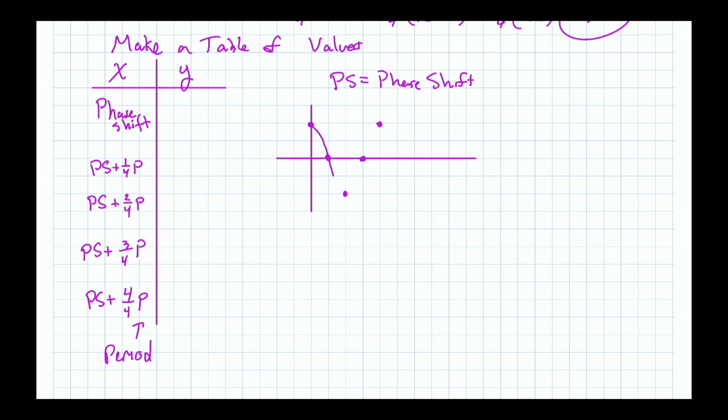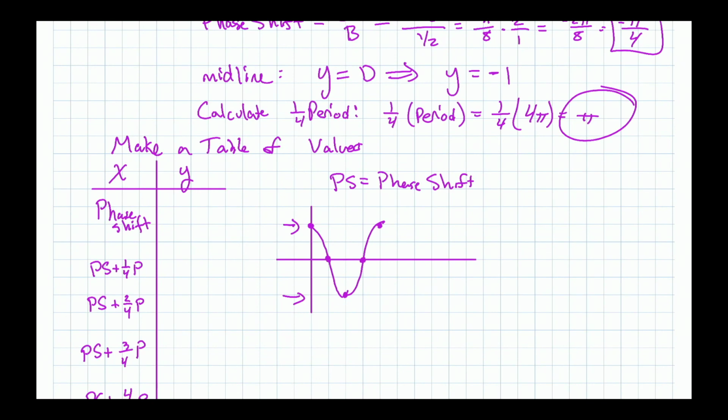That's what one period of the cosine looks like, okay? But what you're going to get, though, is like, what is this value and what is this value? And so the first y value is actually going to be the A plus the midline.